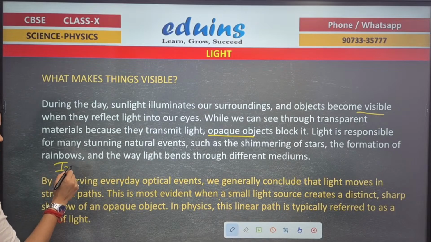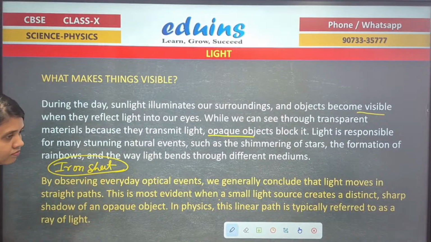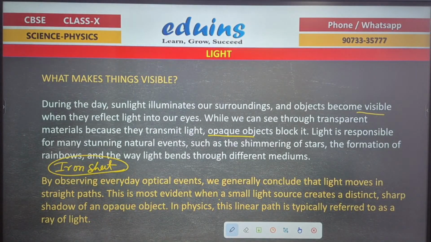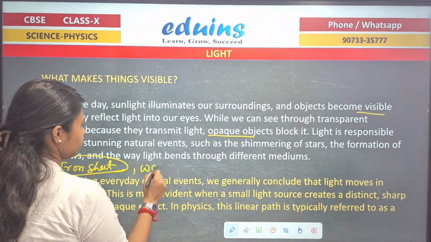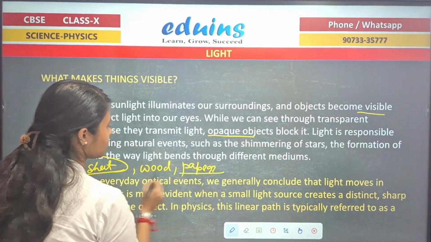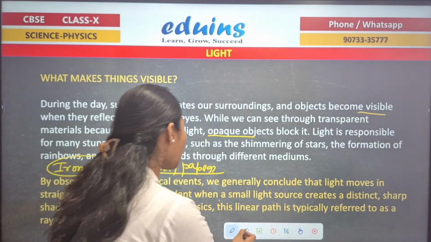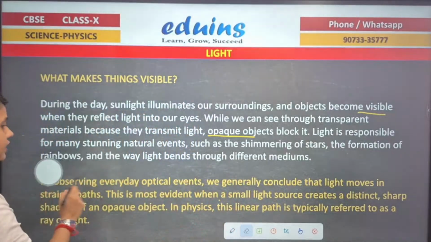Iron sheet, or wood, paper, all are examples of opaque objects. So opaque objects block the light.